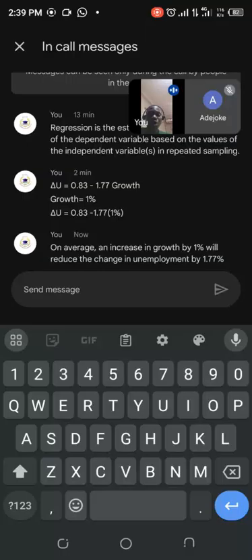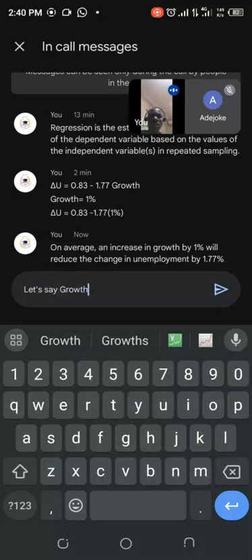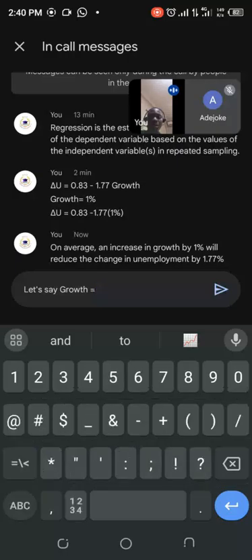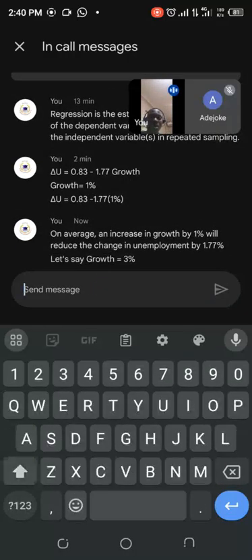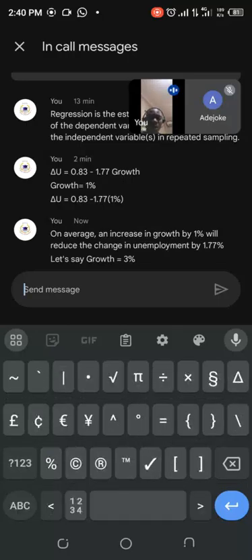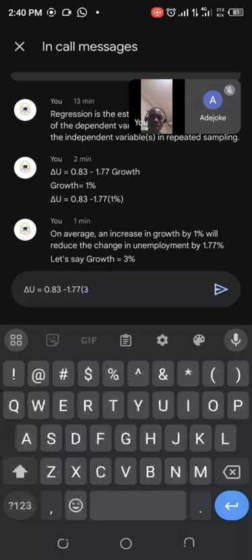So what if our growth was 3%? Let's say the economy grew by 3%. So kí ló máa ṣẹlẹ̀ sí change in unemployment? Change in U will be equal to 0.83 minus 1.77 into bracket 3%.